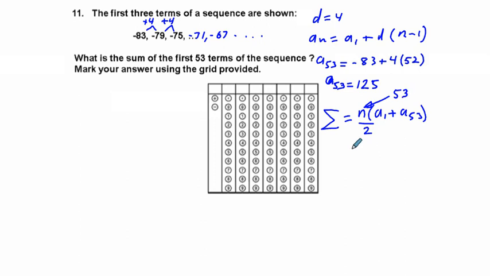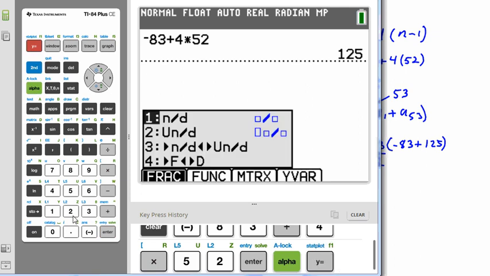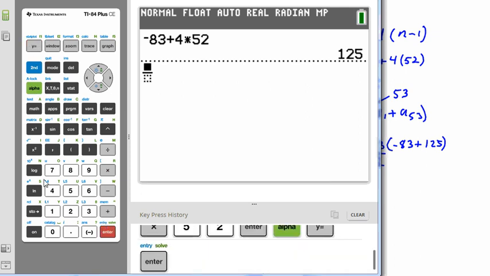So let's go ahead and work that out. We have 53 times a sub 1, which is negative 83, and a sub 53 is 125, and we're dividing all this by 2. And we're going to get our answer down here.